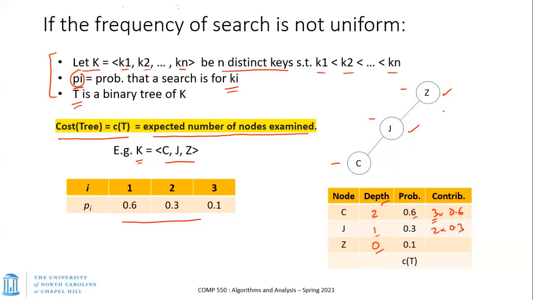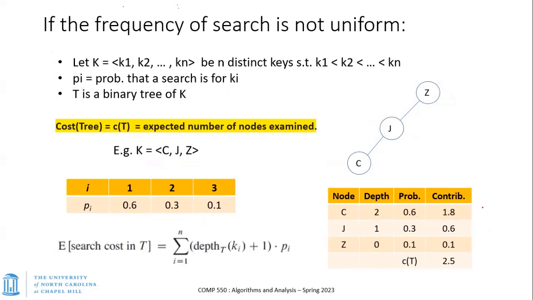And Z is at a depth of 0, so it's depth plus 1, that's 1 times 0.1. If you sum those up, you get 2.5. So 2.5 is the expected number of nodes that have to be examined on average, given that the distribution is given to you.